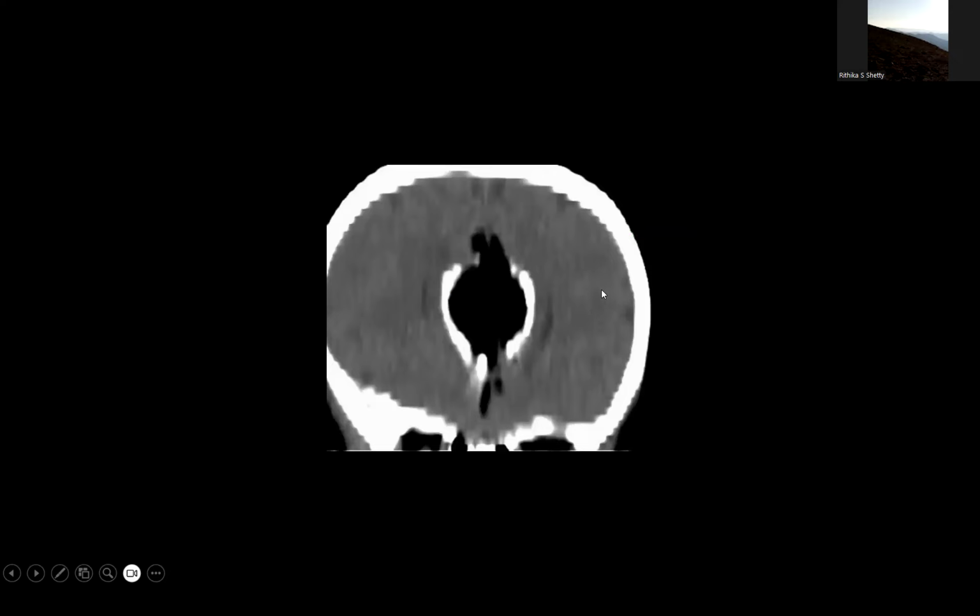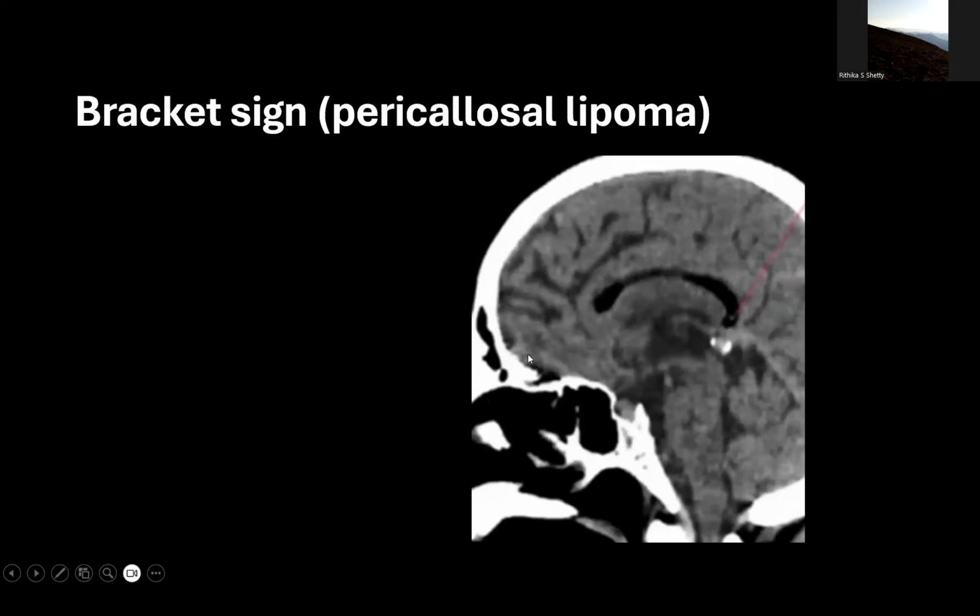This is spotter 2. What is this sign called? It looks like something. Yeah, so this is bracket sign which is seen in case of pericallosal lipoma which will undergo calcification.